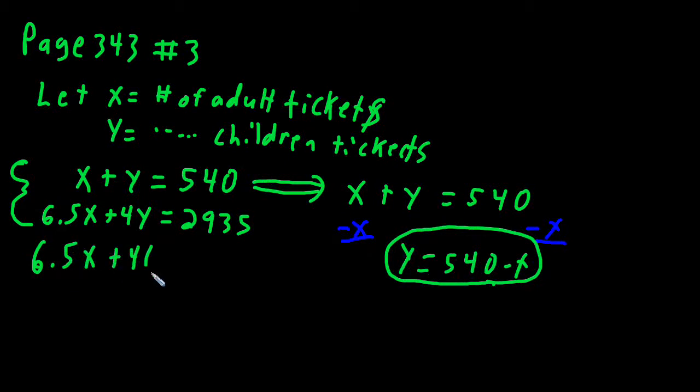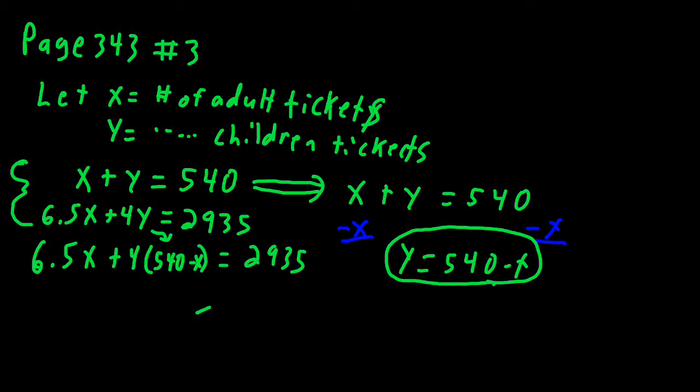Okay, now I just have an equation with one unknown, and I can find out how many adult tickets were sold. So let's see, if I solve this equation, it's 6.50x. Now let's see, 4 times 540, that'd be 2,160.